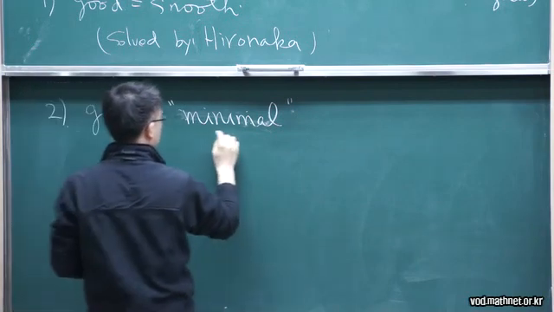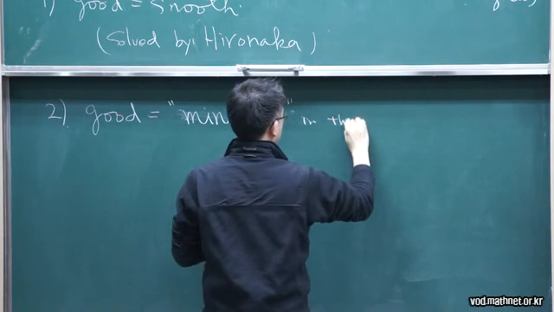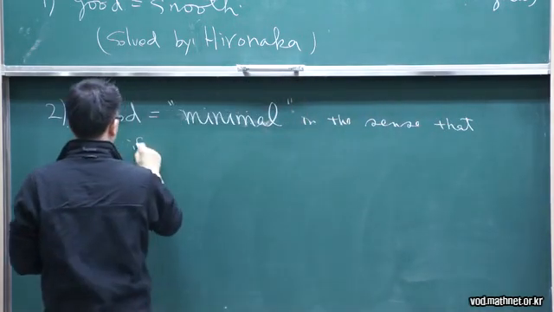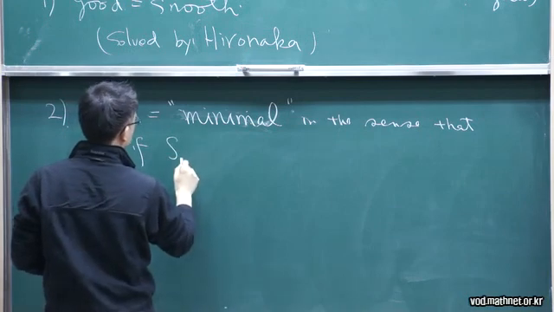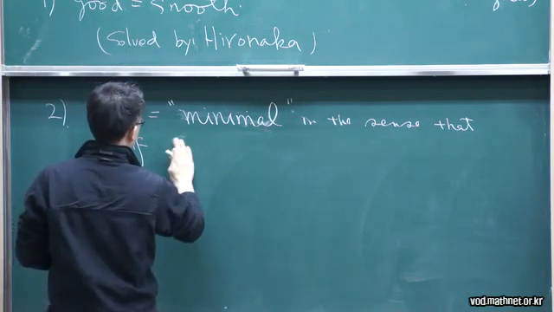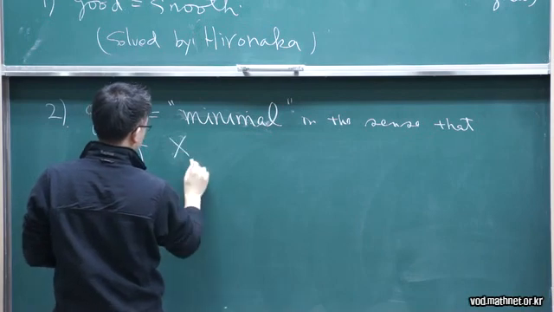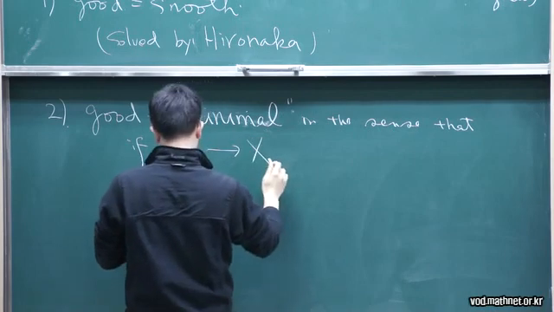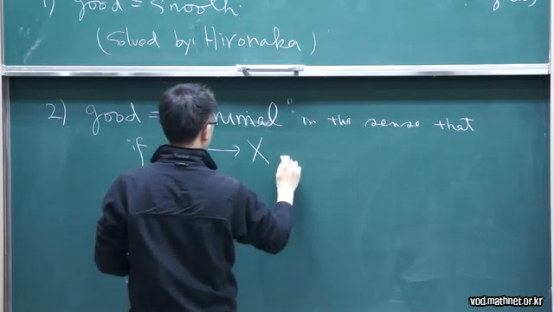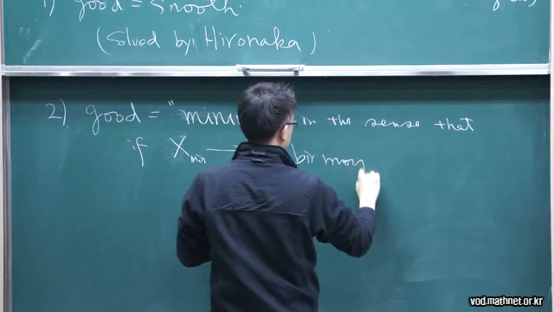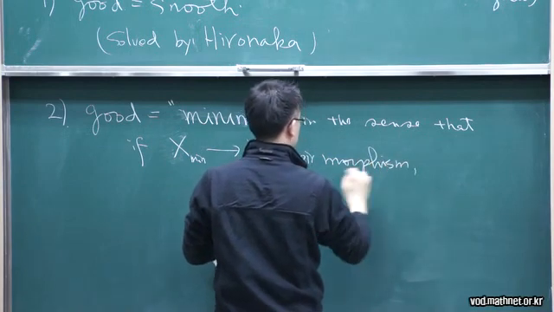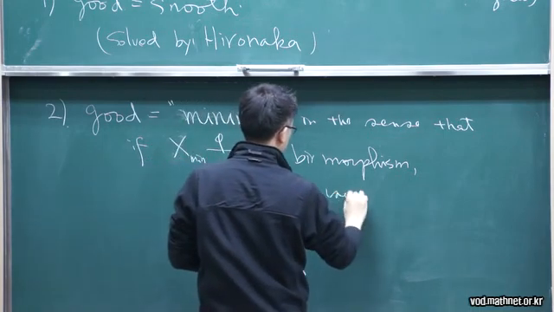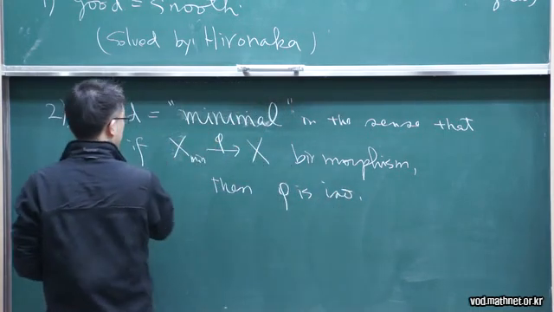If X is minimal, and there is a birational morphism phi from S to X, then phi is an isomorphism.